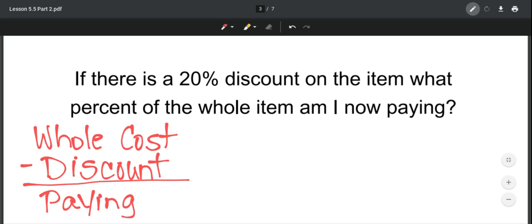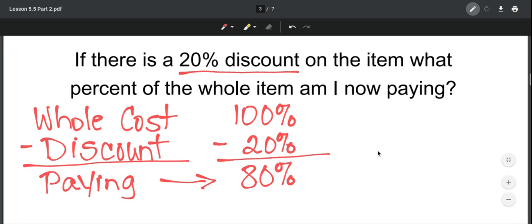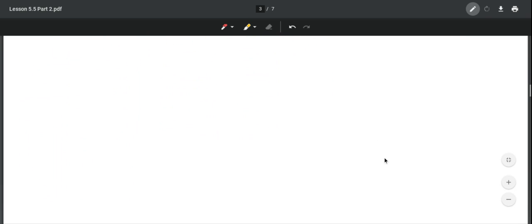The whole cost as a percentage would be represented as 100%. The discount is 20%. So when we subtract it, what we are paying is 80% of that item. That is called a markdown.